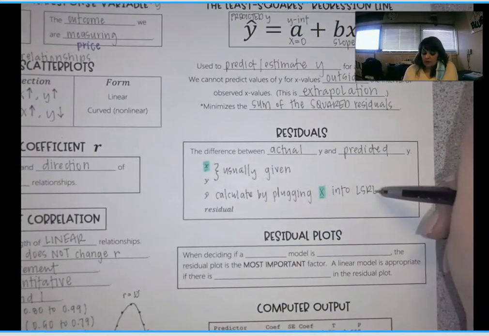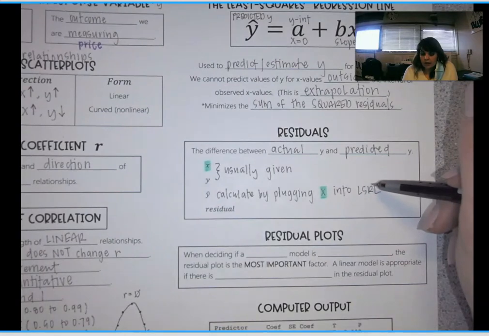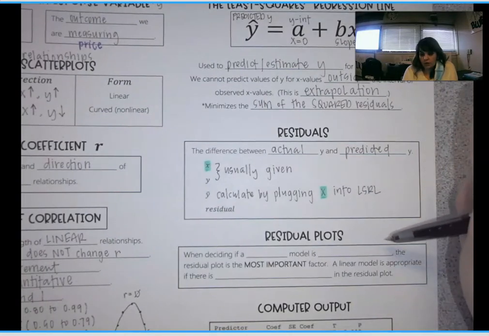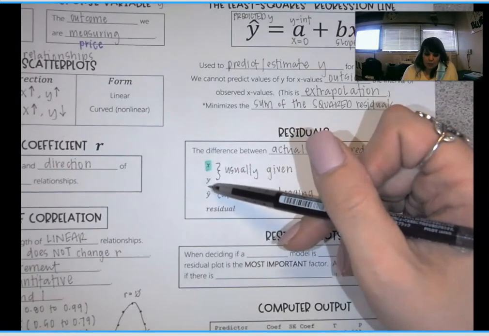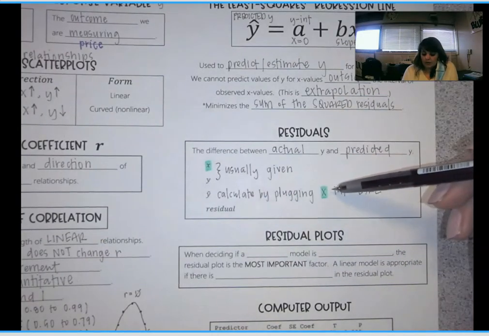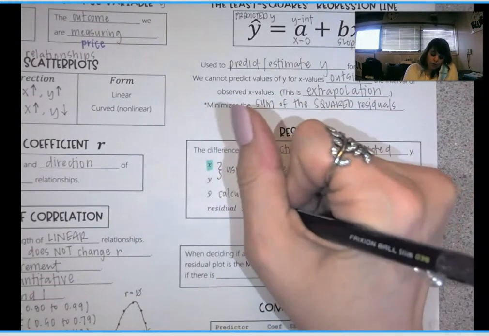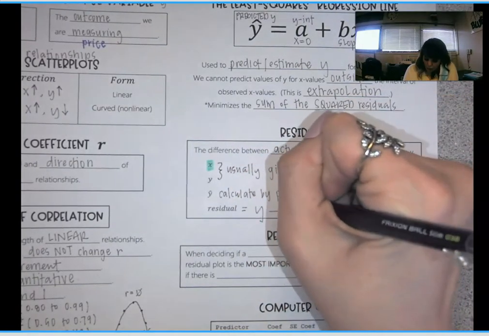This would mean that they also have to give you the LSRL, which typically they do. I don't think I've seen a problem on residuals where they don't give you the least squares regression line. So you'll usually be given X and Y. You will calculate Y hat. And then your residual will be Y minus Y hat.